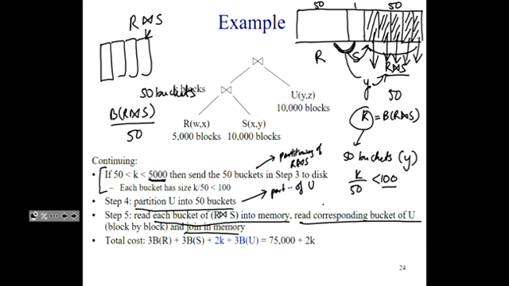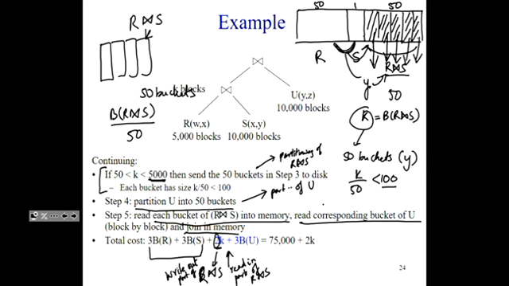Essentially the first step stays as is. It's 3 times B of R plus B of S. You're writing out the partitions of R join with S and then reading them in, so that's why there's a 2.